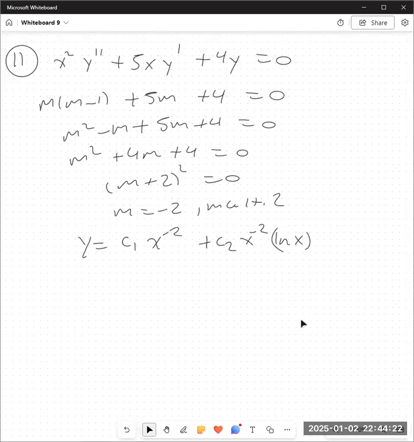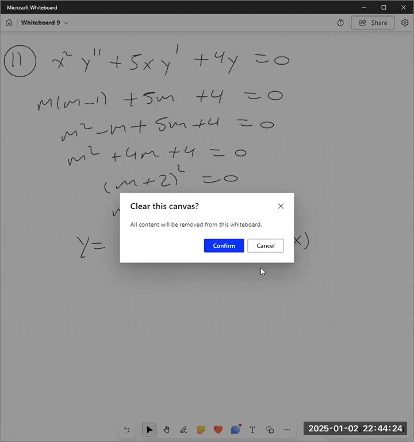Moving right along to number 13. Three x squared y double prime plus 6xy prime plus y equals 0.